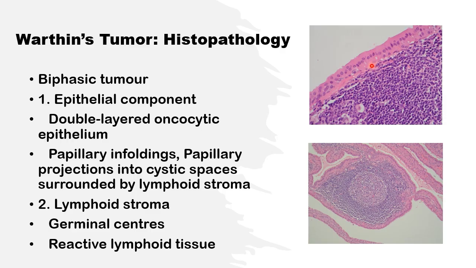This epithelium could fold, infold, and form papillary projections inside the cysts, and these papillary projections are surrounded by lymphoid tissue. This is the second line of cells. This lymphoid stroma can sometimes form germinal centers or could form reactive lymphoid tissue. So these are the two types of cells for this biphasic tumor.